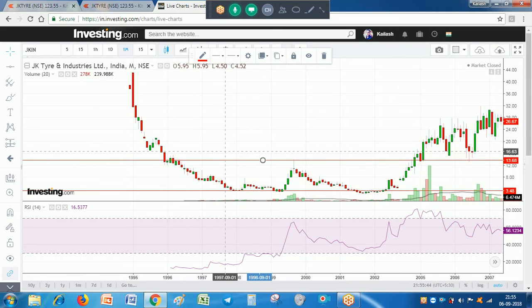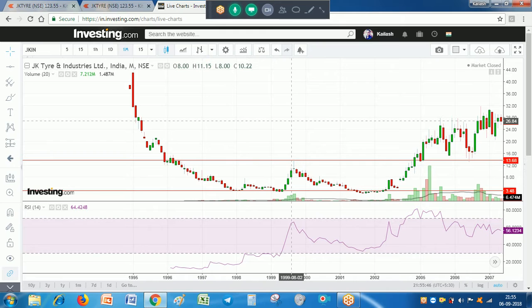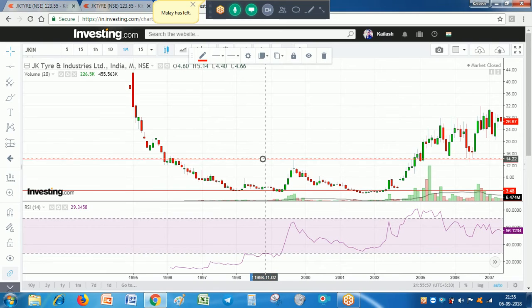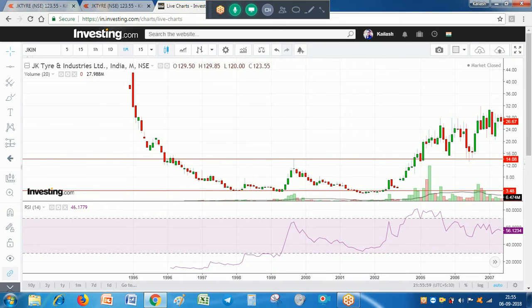So what happened here, once the stock moved up to this level of 14, there was supply, because the stock had gone very deep down to the price level of 3. From a price level of 3, it gave a very good upside movement up to 14. If we calculate in percentage, it is a very big move.